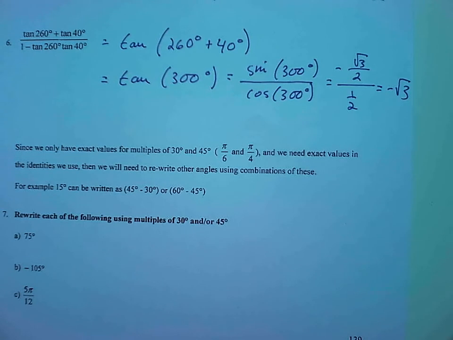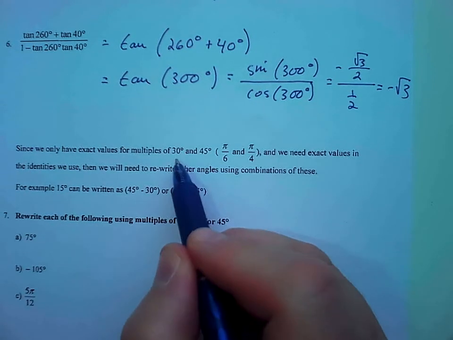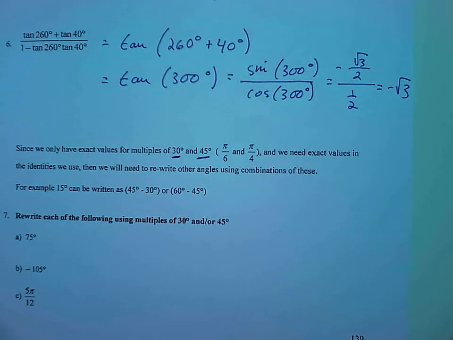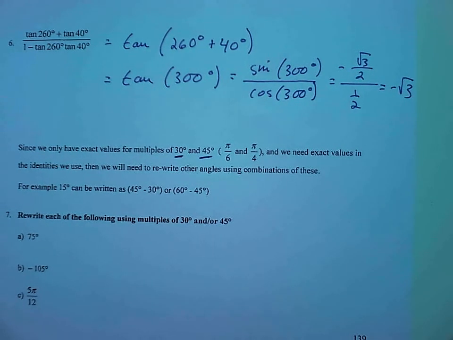And we need exact values in the identities we use, then we will need to rewrite other angles using combinations of these. For example, 15 degrees we can rewrite as 45 degrees minus 30 degrees, or 60 degrees minus 45 degrees. So what we're trying to do is get them down to multiples of 30 degrees or 45 degrees.